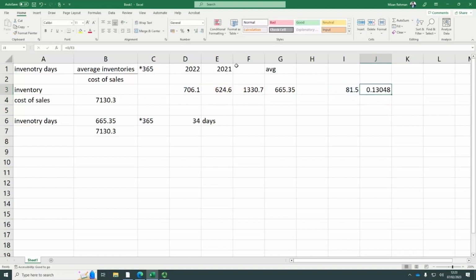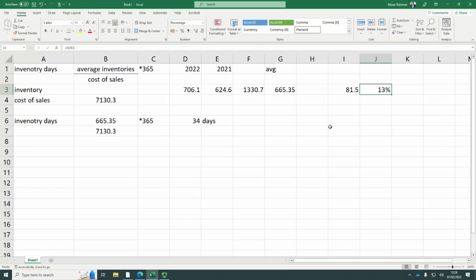Our percentage increase in the inventories is 13%. If you go back to the video which I recorded for 2016, 17, 18, you'll see that the percentage change is less than 5%. So there's a significant change in inventories, and that's why we had to do average inventories. Otherwise, I wouldn't bother with the average inventories. So inventories have increased by 13%.